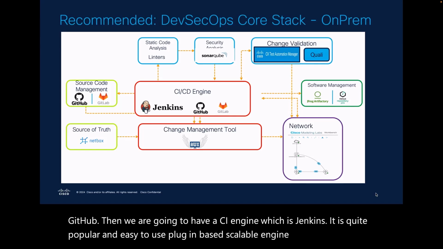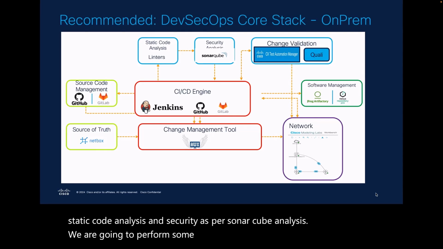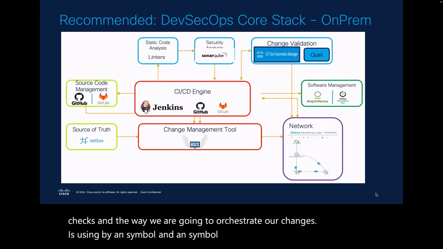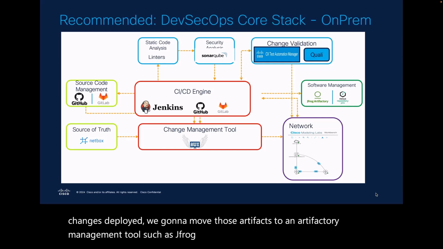We're gonna use static code analysis and security as per SonarQube analysis. We're gonna perform some change validation in terms of pre-post checks. And the way we're gonna orchestrate our changes is using Ansible and Ansible AWX. And at the end, once our change is deployed, we're gonna move those artifacts to an artifact management tool such as JFrog Artifactory or Nexus.